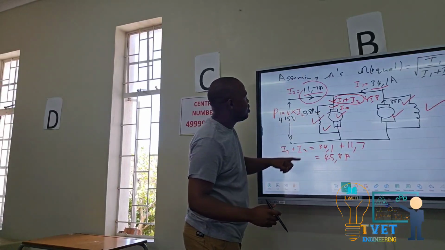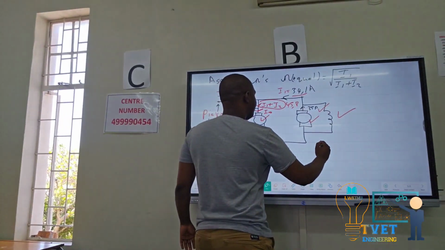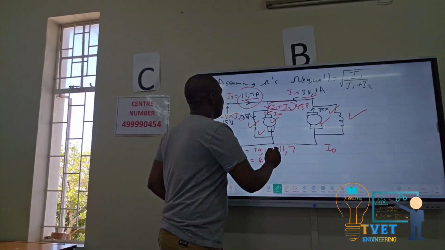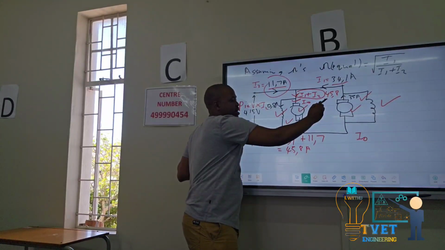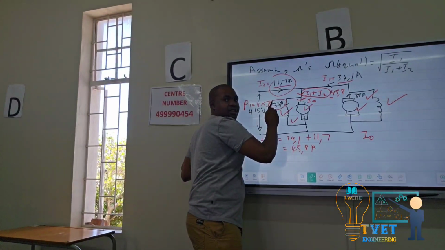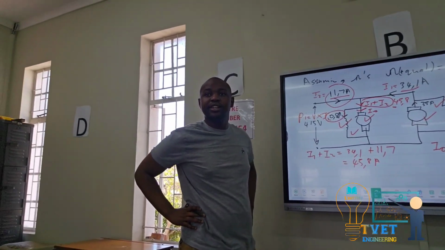So that means the armature current of the motor is going to be this current minus the field current.